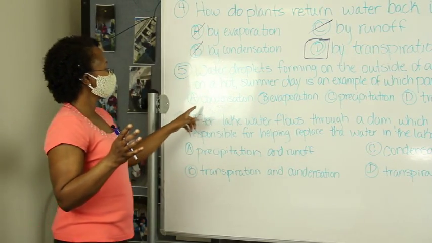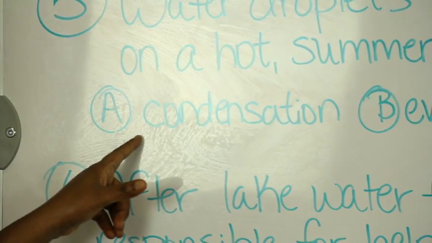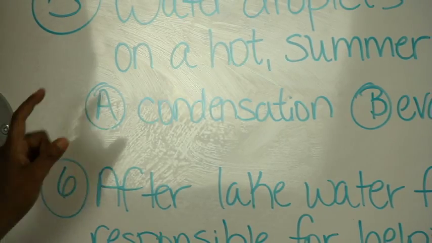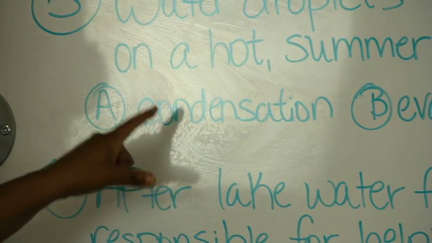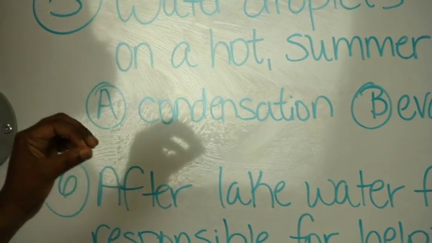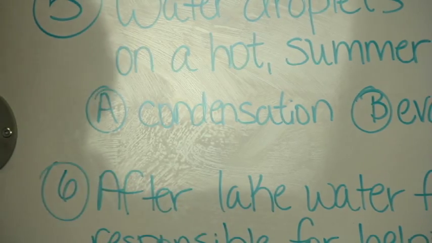Is it condensation, which is A, condensation? Is that where water vapor turns back into a liquid? It could be. Why? Because the end product is a liquid, so that makes sense right now. Let's just hold on to it.